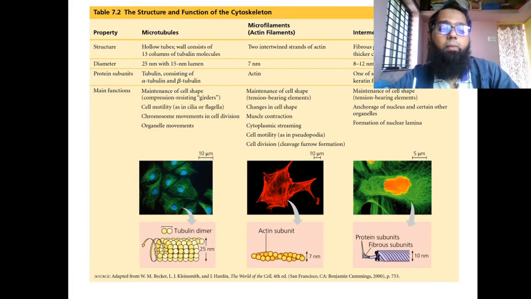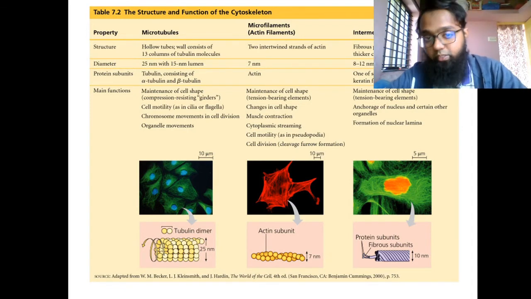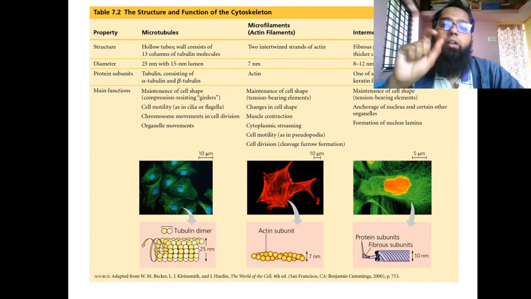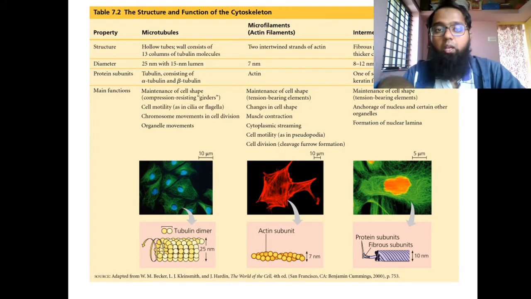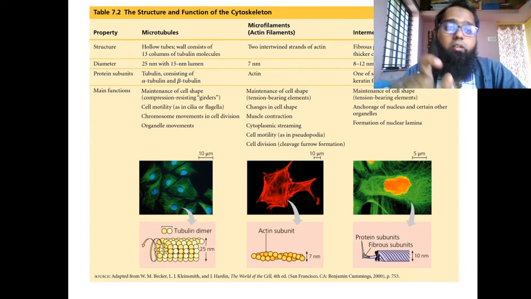Later, the protein subunits are shown with the help of an animated structure. When coming to the structure, the largest cytoskeleton is the microtubules, the smallest is the microfilaments, and the intermediate is the intermediate filaments, as the name goes.